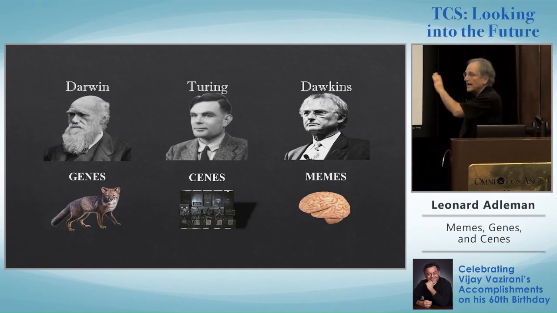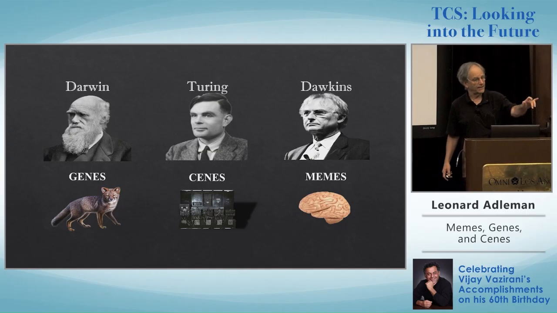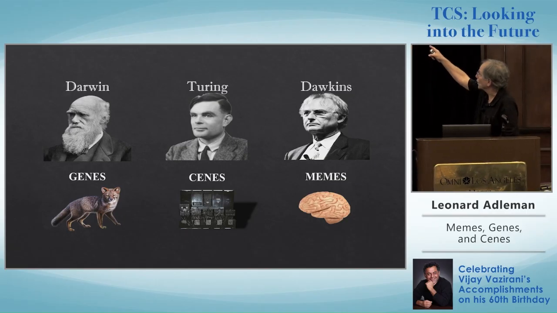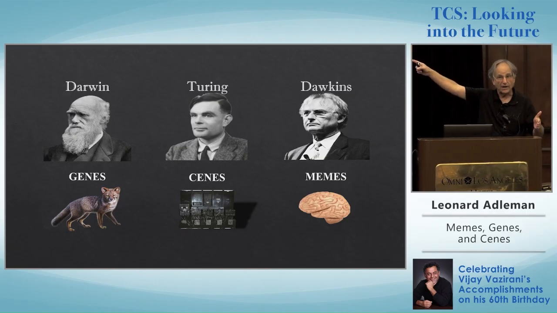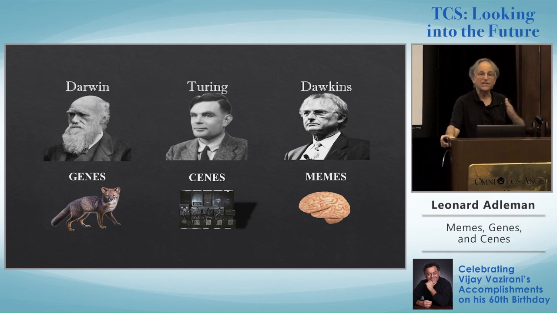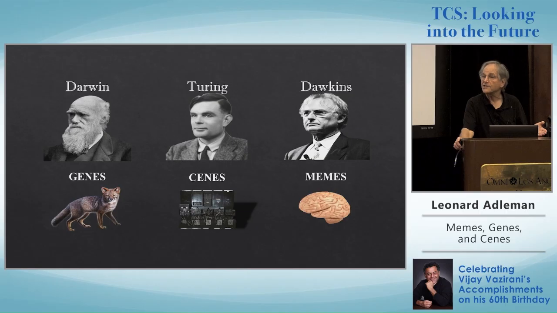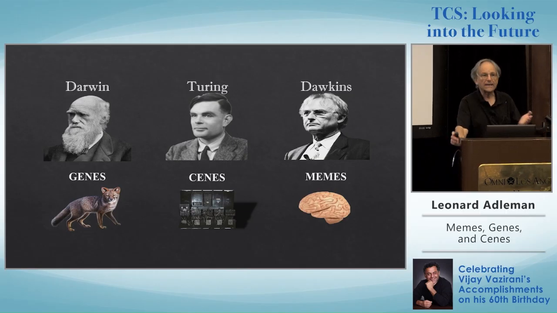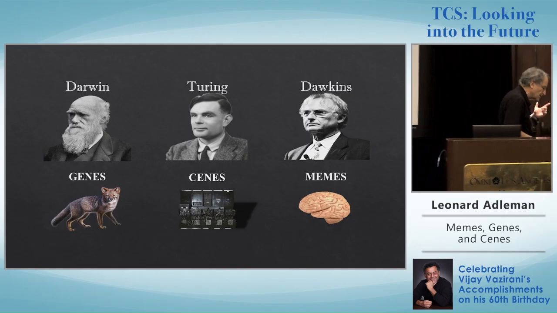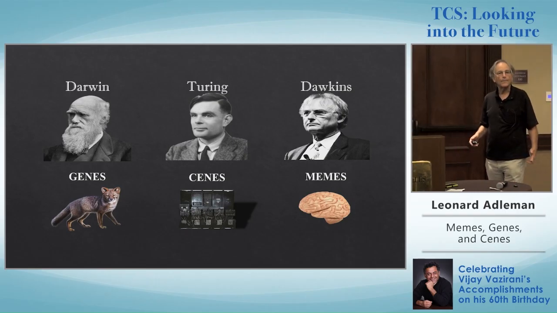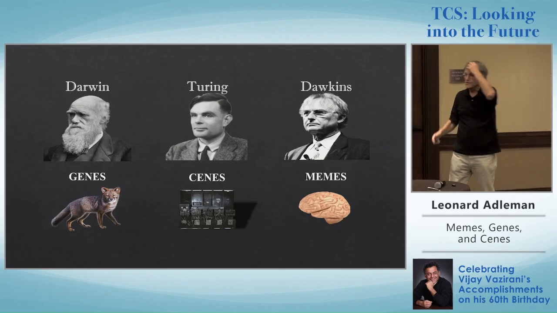So a little bit of an aside. So when Dawkins' book came out, I was at MIT teaching a course in theoretical computer science to undergraduates. And I had this kid in my class. He was 20 years old and very energetic and enthusiastic.